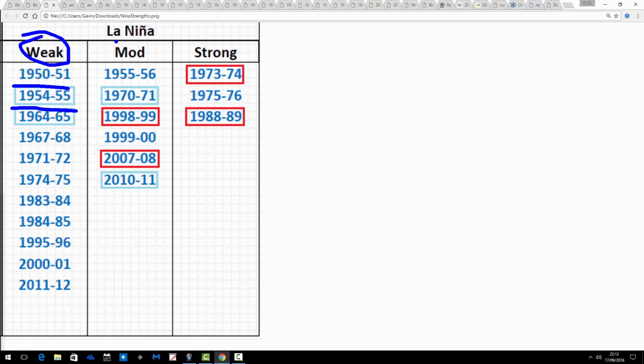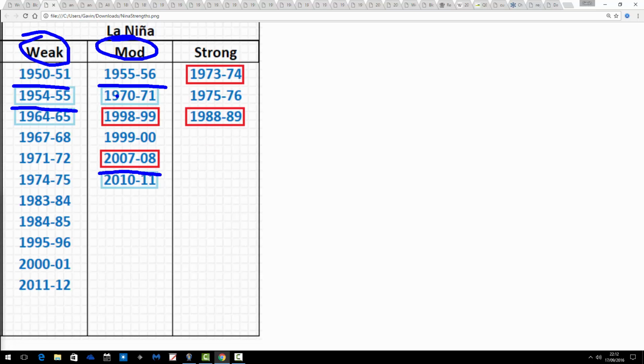In the moderate La Nina column, again during the El Nino to La Nina flip, we find 1970-71 and 2010-11, moderate El Nino to La Nina winters, and those are cold winters, particularly focused on December, interestingly.